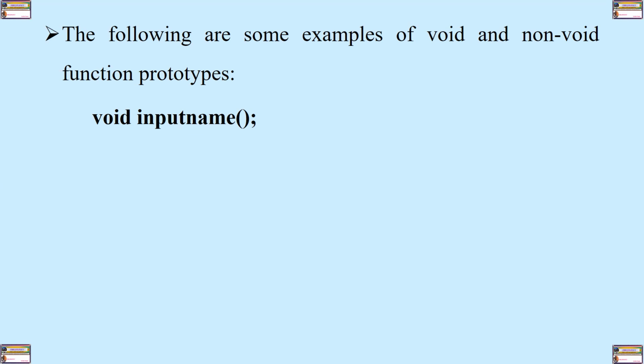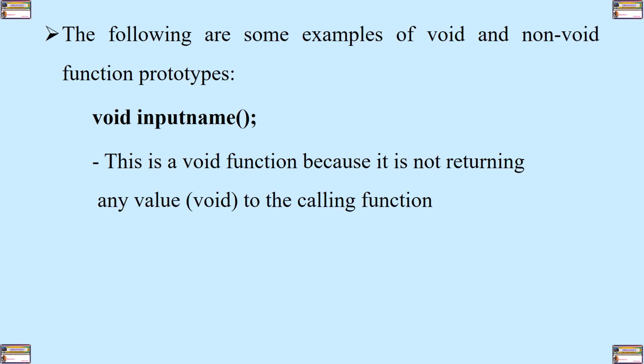And therefore, it will go to look for it when the time is ripe for it to execute it. Now, this is a void function because it is not returning any value. So it is void to the calling function. So the calling function will not receive any value after this function has been executed.